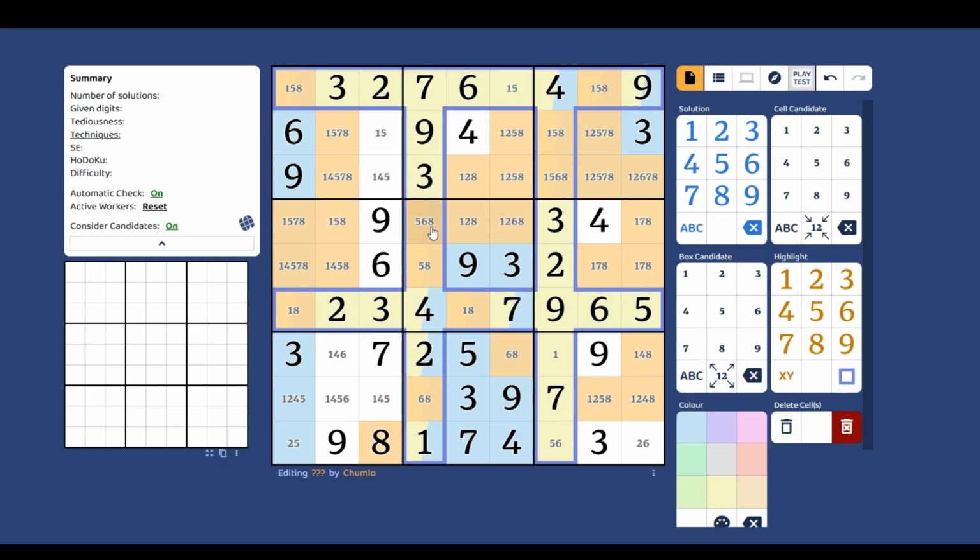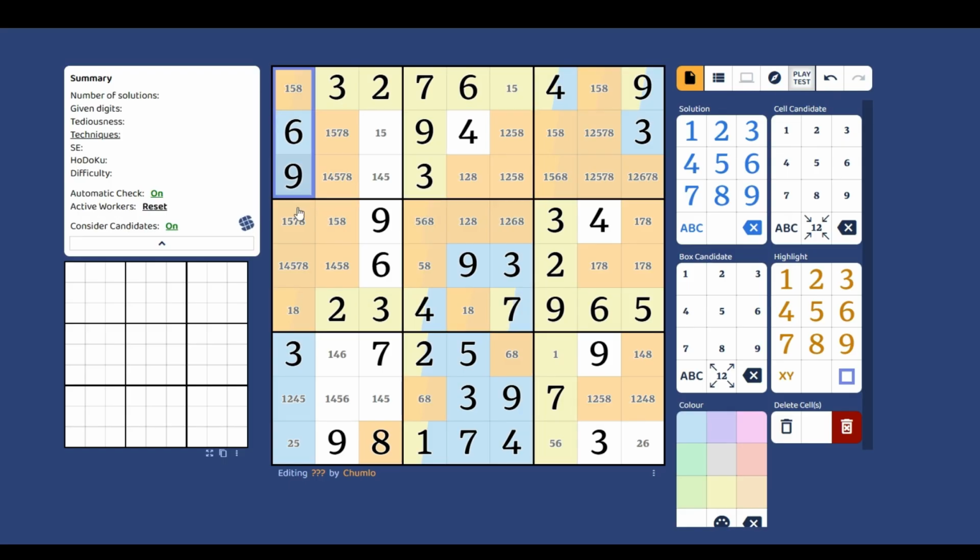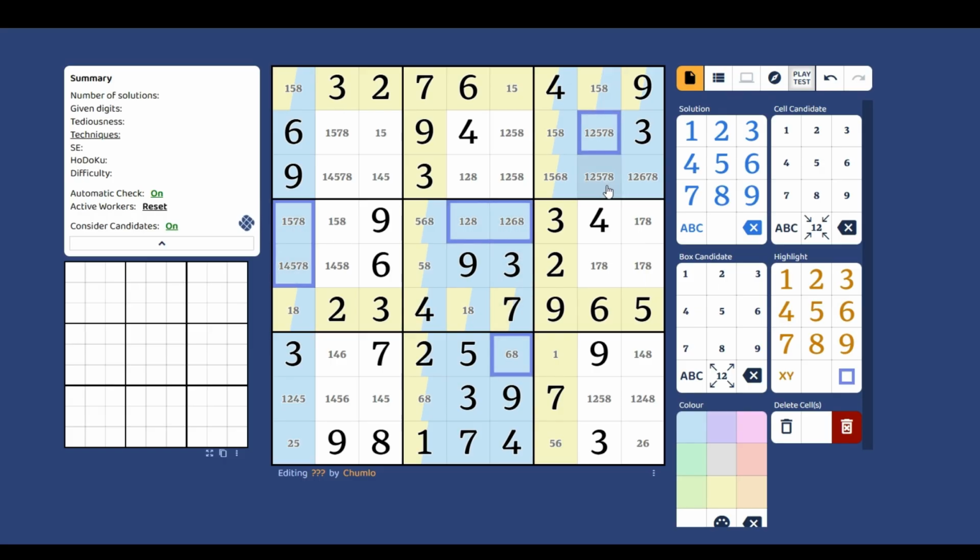And you'll notice that we can cover all of these candidates with 4 cover sets, those being column 1, box 3, box 5, and box 8. And then by our base set cover set logic, we could make eliminations in all of our cover sets that do not contain a base candidate. So that would be all of these cells. We could eliminate the 8 from all of those.